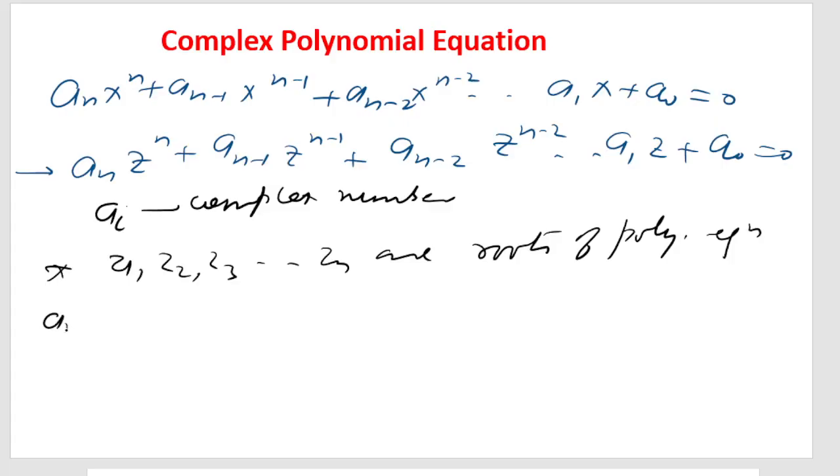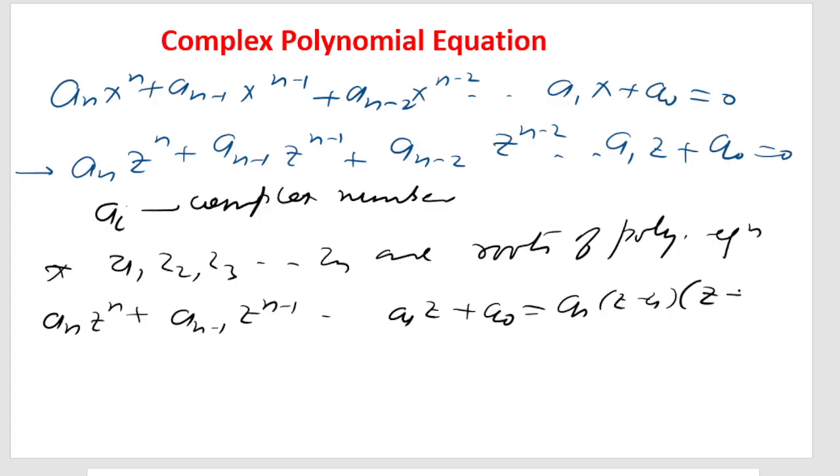Then we can write a_n z^n + a_{n-1} z^{n-1} up to a_1 z + a_0 = a_n (z - z1)(z - z2) up to (z - zn), where z1, z2, z3 are the roots of this complex polynomial.